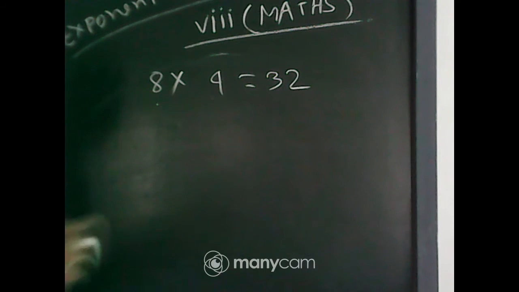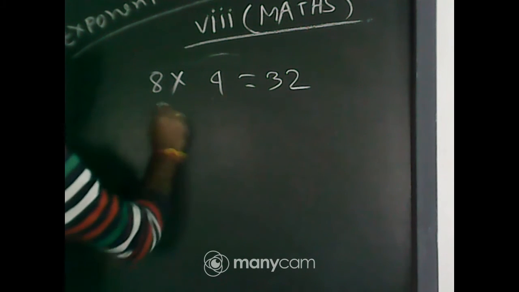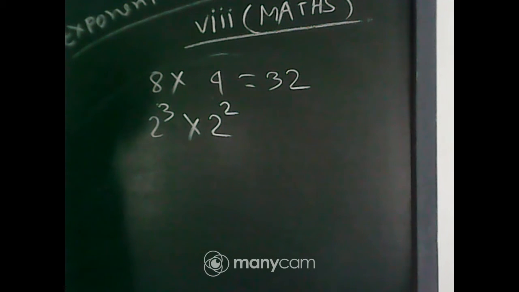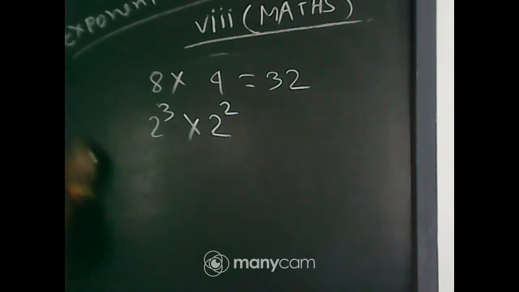But if it is given in exponent form, how do we multiply it? There is an easy formula, that is number 1.